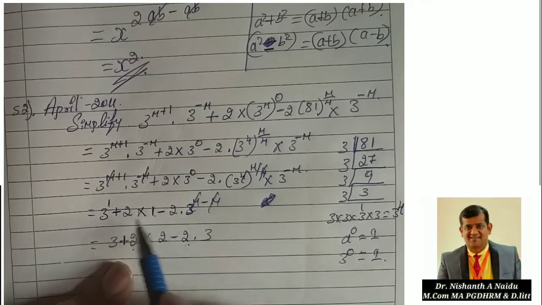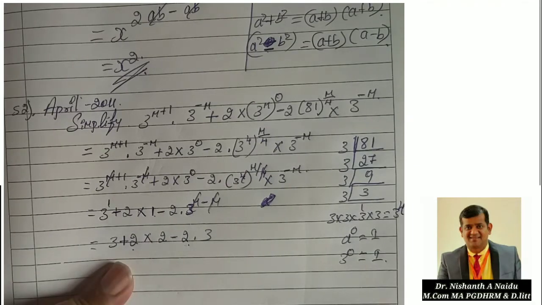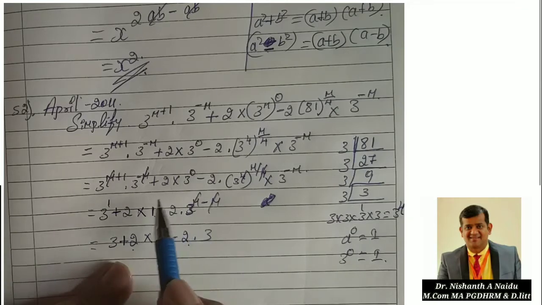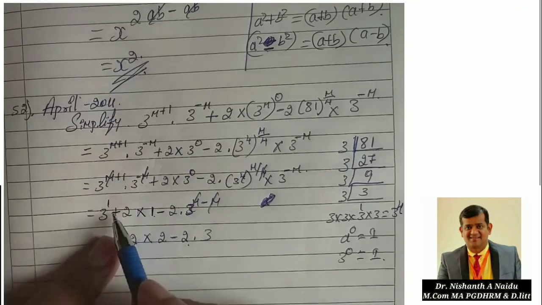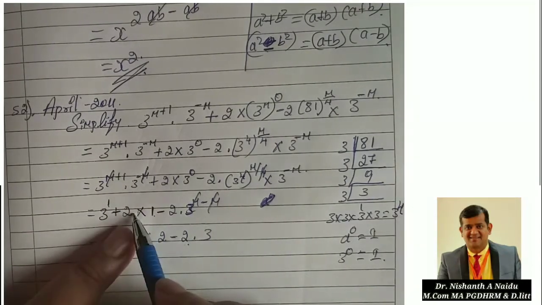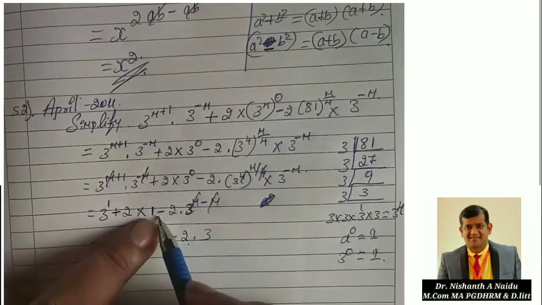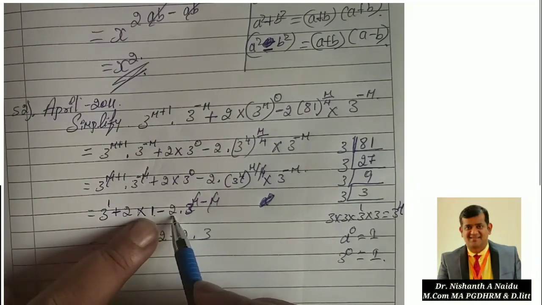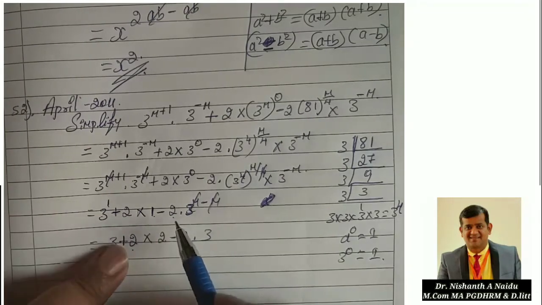I think somewhere I have made a mistake. This 3 to the power of 1 is correct, plus 2 correct, into 3 to the power of 0 which is 1, minus 2. 3 to the power of 0 is correct. Yes, that is correct.